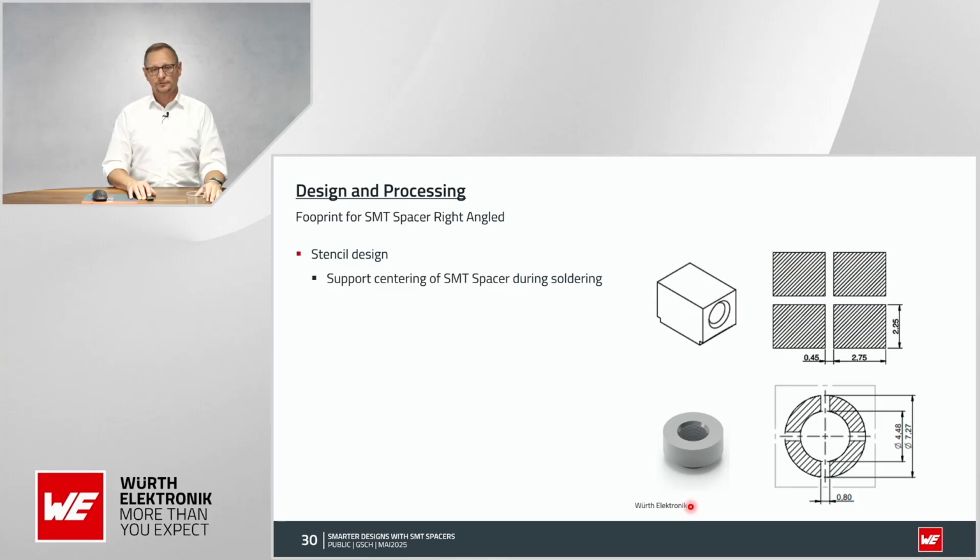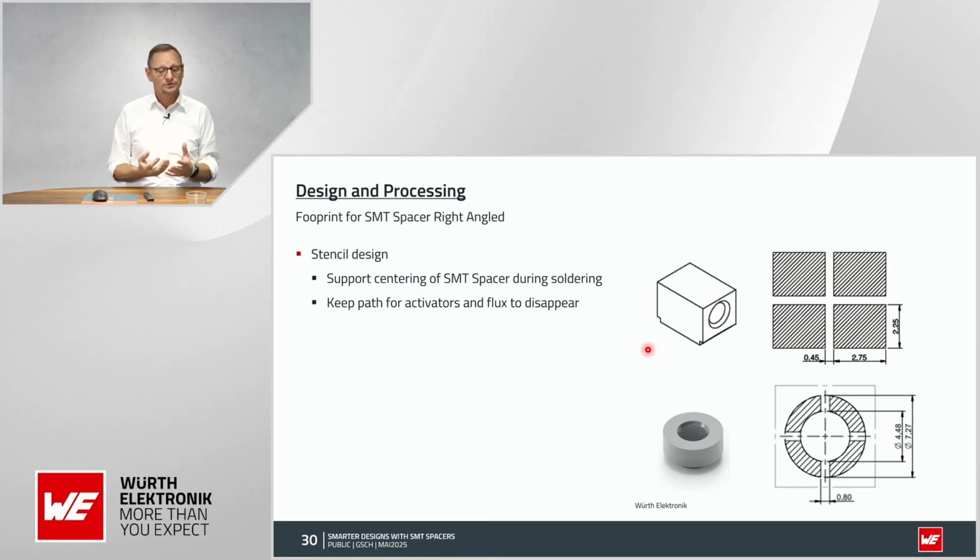Then again, for the right angle type here on top, you see the stencil recommendation and the footprint recommendation. So the pattern fields is where the solder comes on, but we need those channels here as a path for all the activators and flux, which is contained in the solder paste.